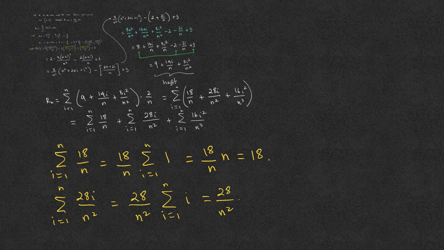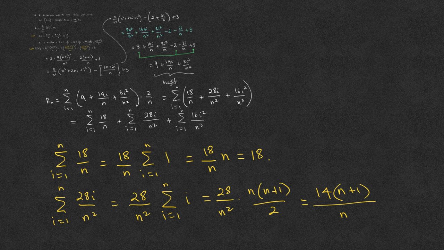The sum of i as i goes from 1 to n is the sum of the first n integers, and this is n times n plus 1 over 2. So we have 28 over 2, which is 14, times n plus 1, and we cancel out one factor in the denominator to get n.